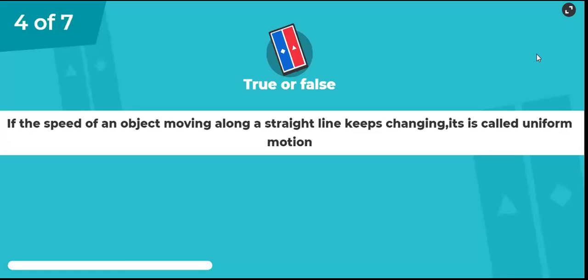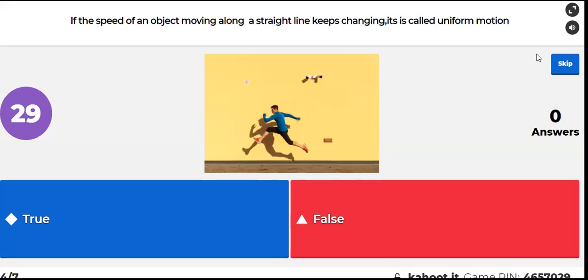Next, if the speed of an object moving along a straight line keeps changing, it is called uniform motion. True or false? Yeah, we have discussed this, guys.